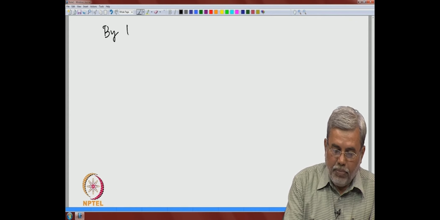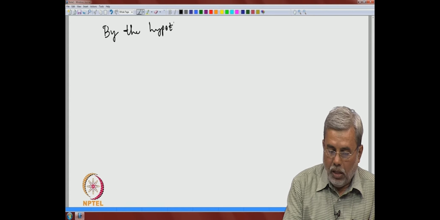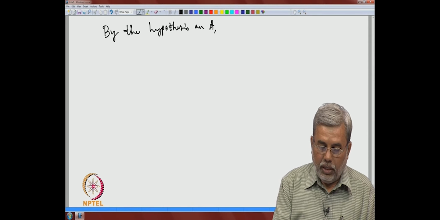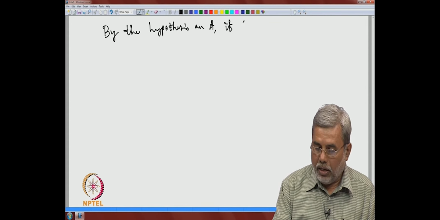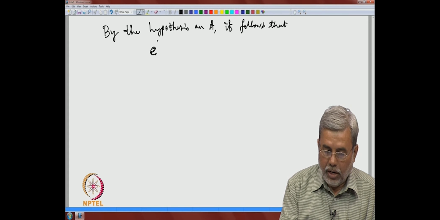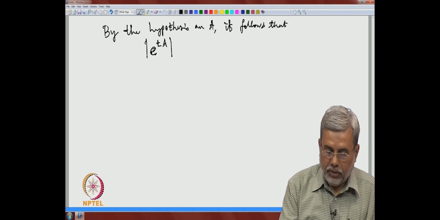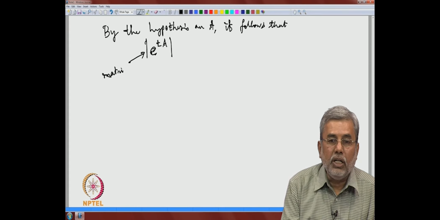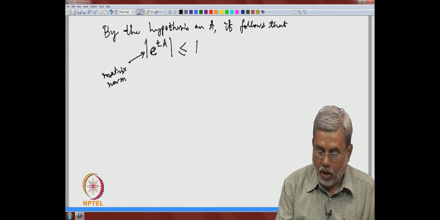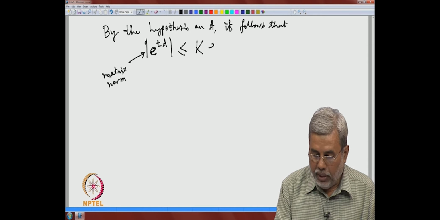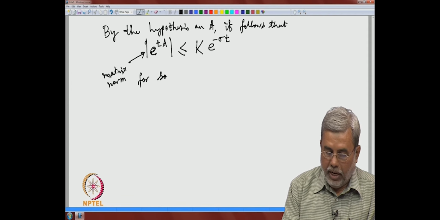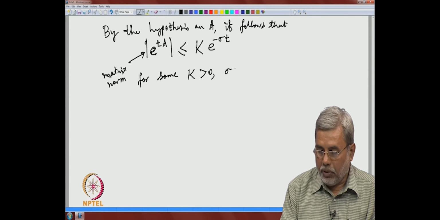So, by the hypothesis on A, as we will show in detail in the linear algebra portion, it follows that the norm of e to the t A, this is the matrix norm which we have introduced in the linear algebra part, is less than or equal to some positive constant K e to the minus sigma t, for some K positive and sigma positive. This is important.